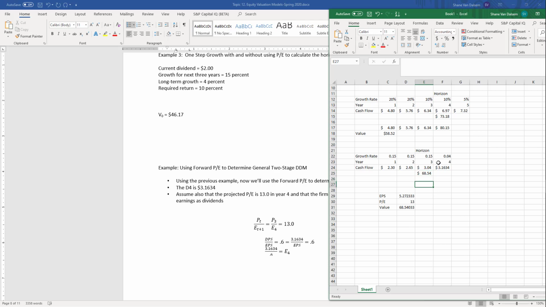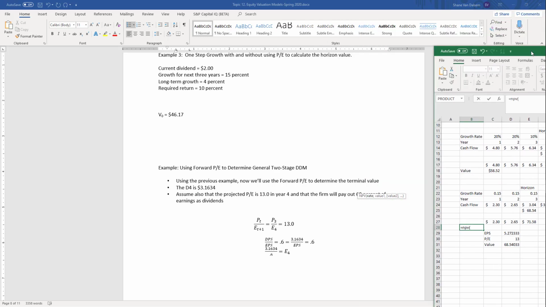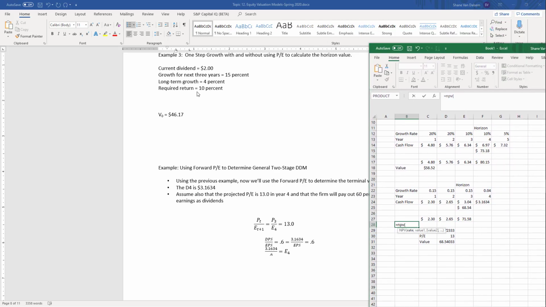So now I'm going to add my cash flows together. So if I purchase this stock today, based on my estimates, I'm going to receive a dividend of $2.30 at time 1, a dividend of $2.65 at time 2, and then I'm going to receive a dividend of $3.04, plus I can sell the stock for $68.54 at time 3, and I discount those cash flows back to today at the required rate of return of 10%.